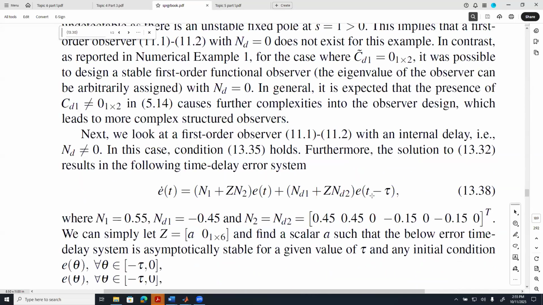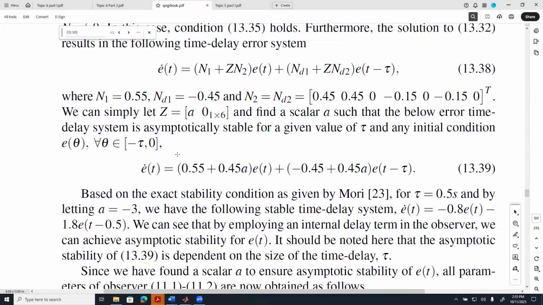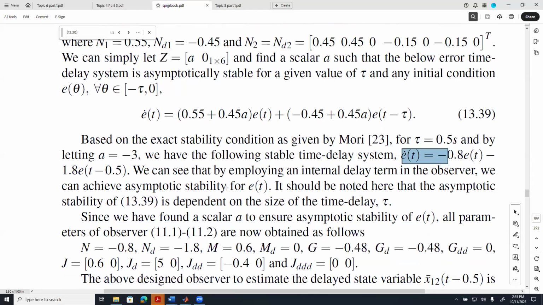Okay, so in here, this is the thing. And so I just pick I equal to -3. I could have picked it somewhere different, but it can still arrive at a stable time delay system. So the main thing here is it depends on the time delay, because this error dynamic equation is a time delay system.